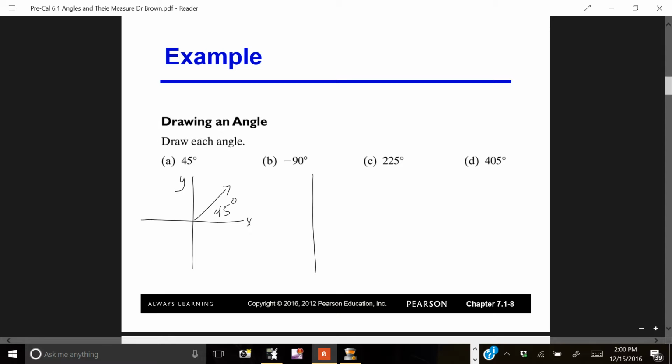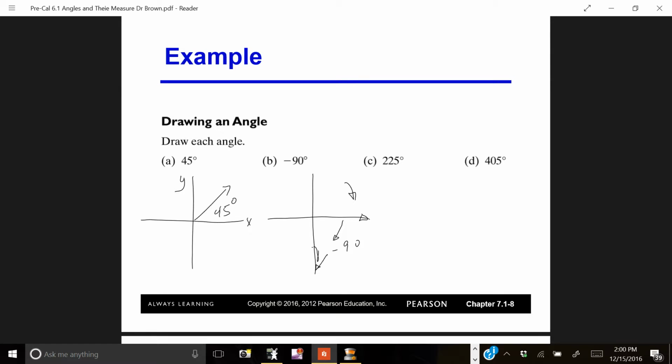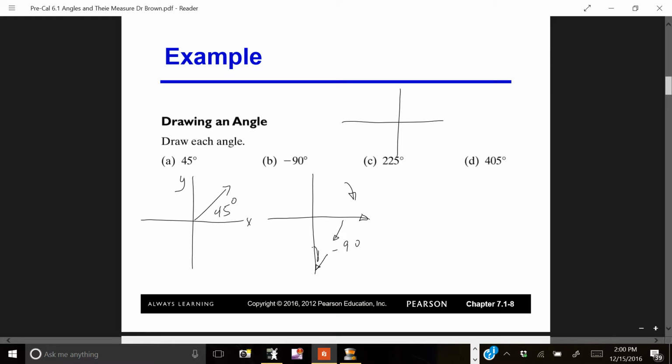A minus 90 degree angle, you would start on the initial side and go minus 90 degrees. So this would be minus 90 degrees. 225 degrees. So here we're going to go counterclockwise. 225 degrees.